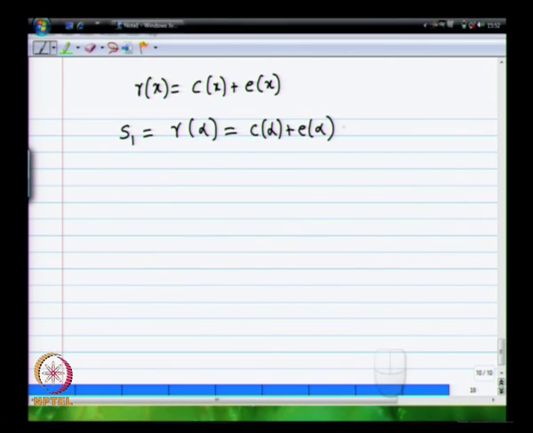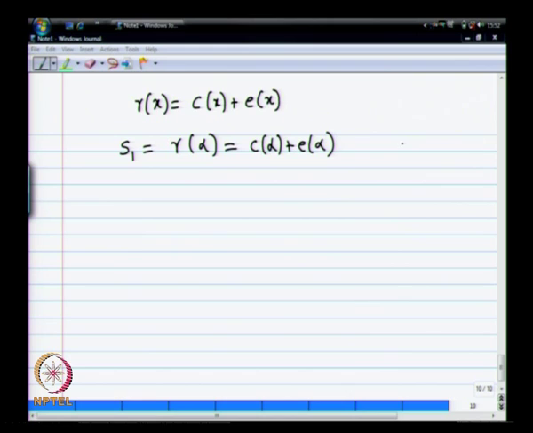It is a valid code word, so it is 0. So S1 simply becomes E of alpha, because this term goes to 0. Similarly S3 also becomes what? E of alpha power 3.